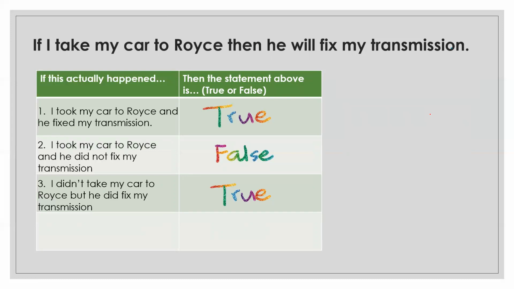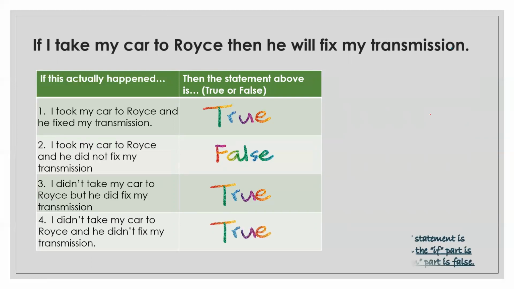So when determining the truth value, we can only tell when I did take my car to Royce, okay? When I didn't, this statement still holds its truth value. So scenario number 4, I didn't take my car to Royce and he didn't fix my transmission. But since this is an if-then statement, the compound statement is still true.